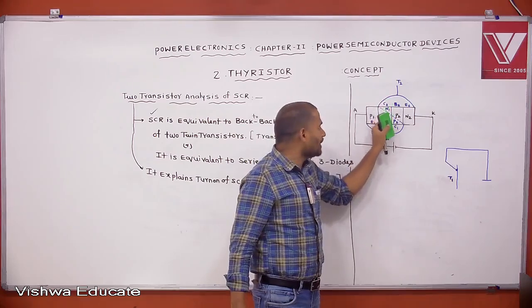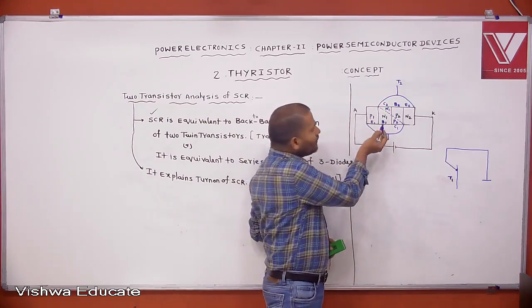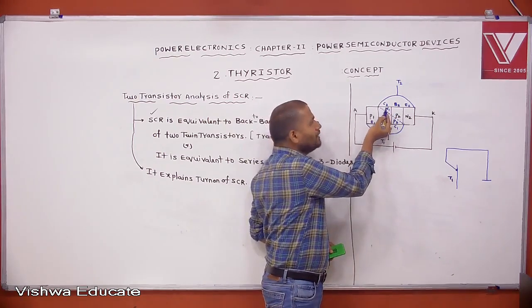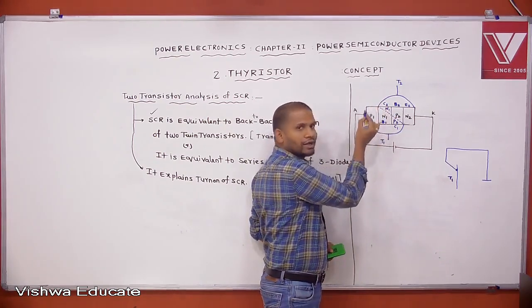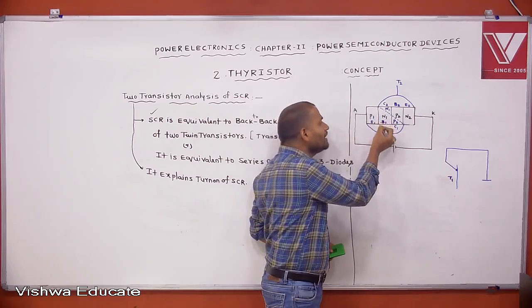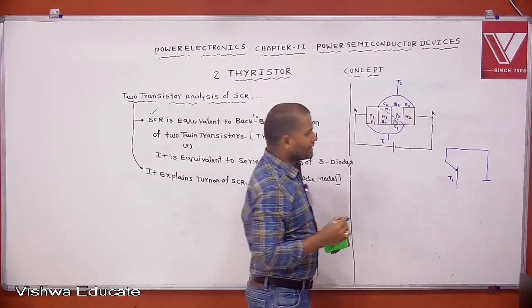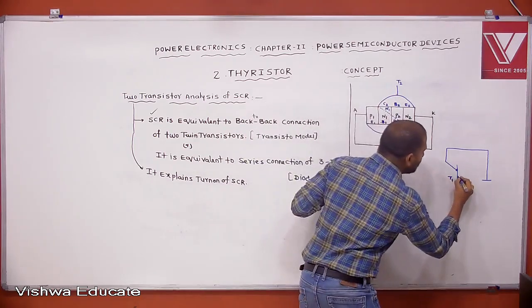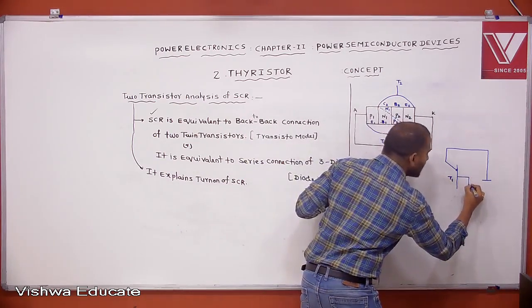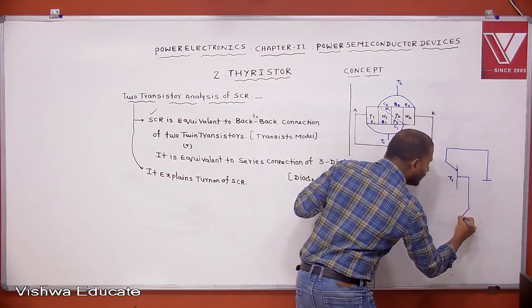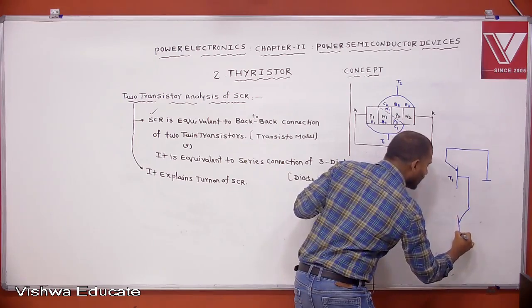These two are common now. What is this one? Base of T1 transistor. What is this one? Collector of T2 transistor. That is, the base of T1 transistor is connected to the collector of T2 transistor.